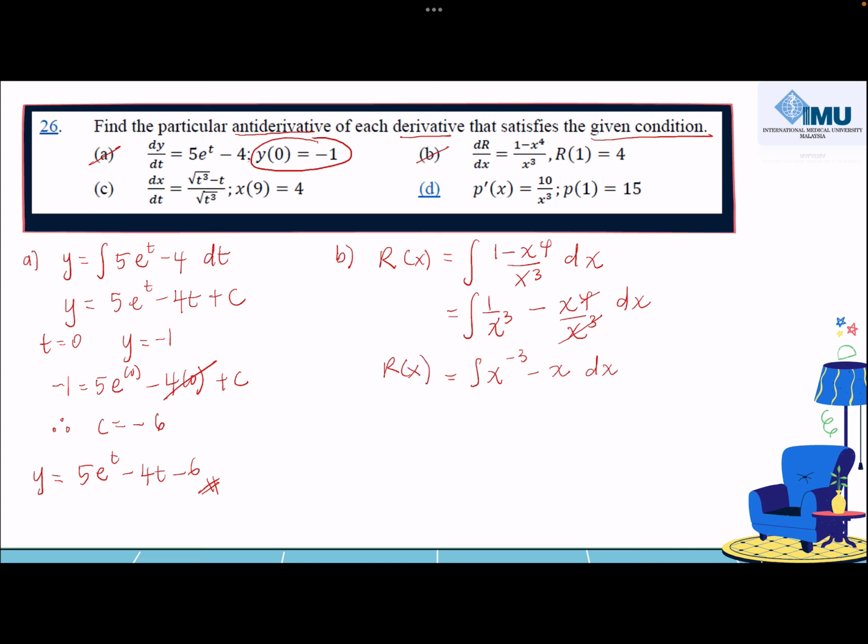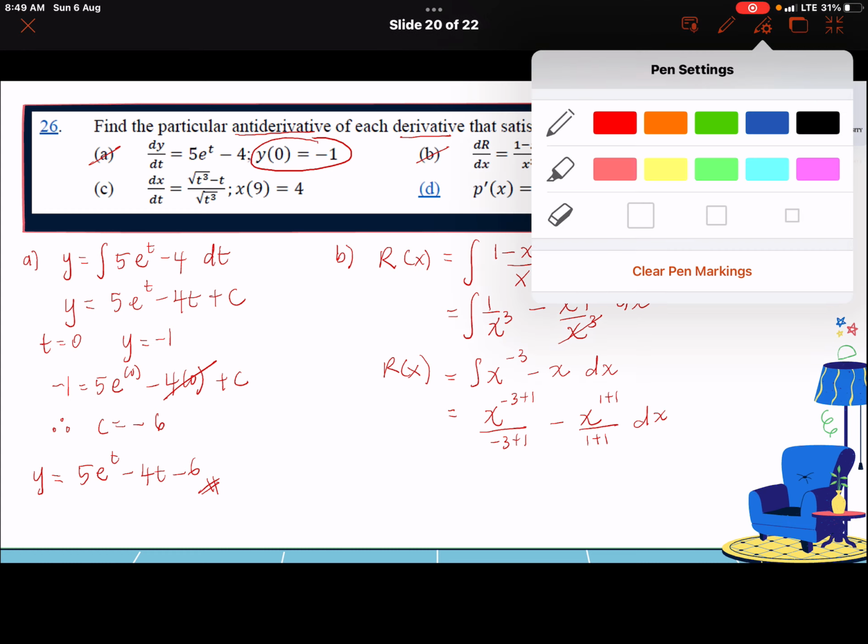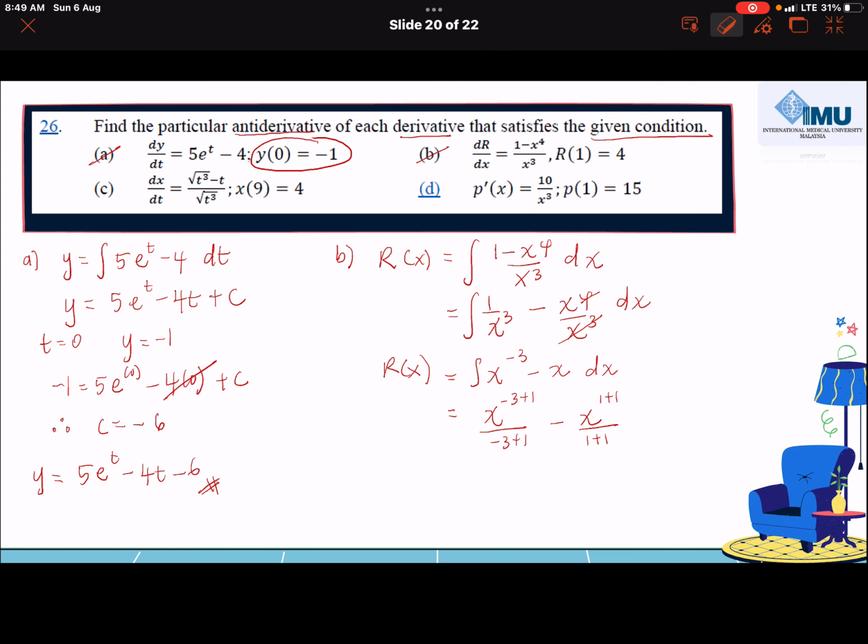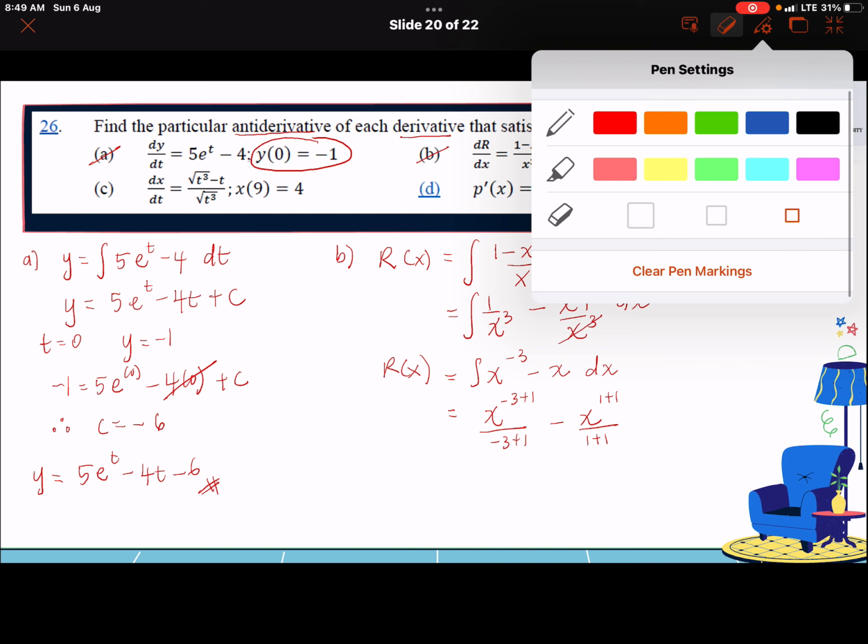You can straightforwardly integrate the power function. Remember, the power will be increased by 1, then divide by that new power. Same goes here, you will get x squared over 2. If I simplify further, please remove the dx once you have integrated.